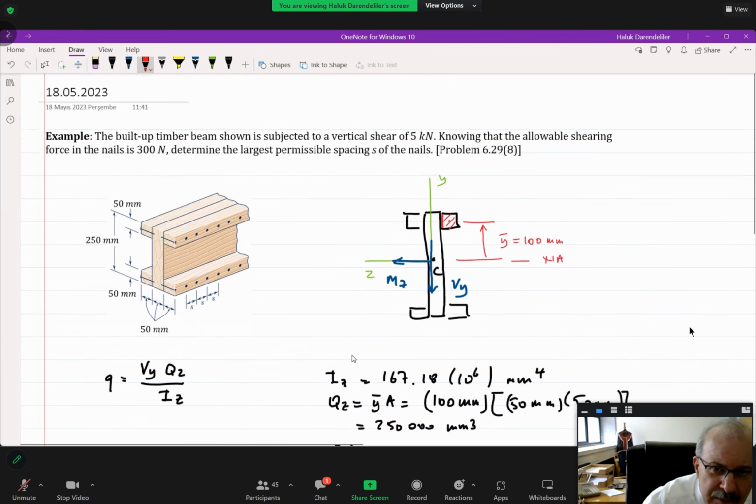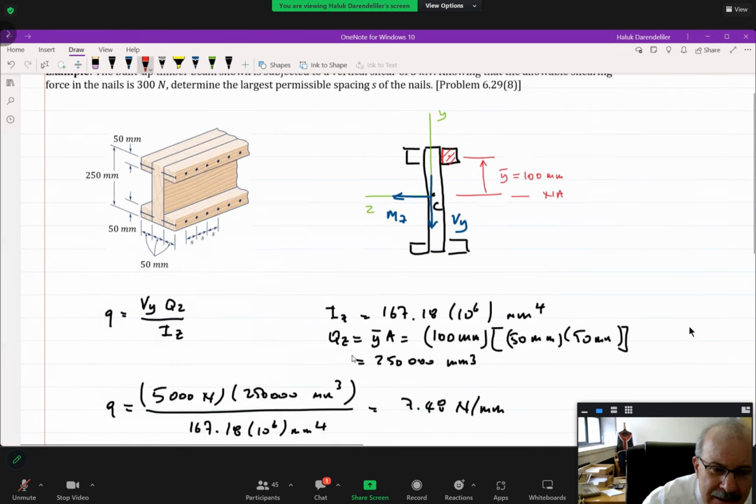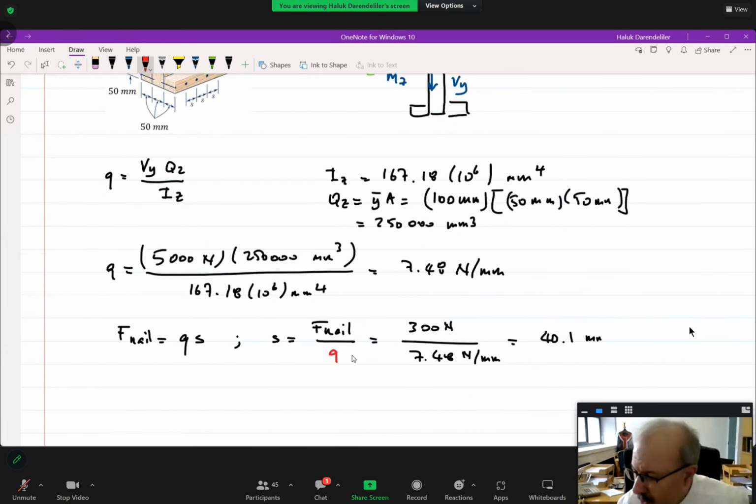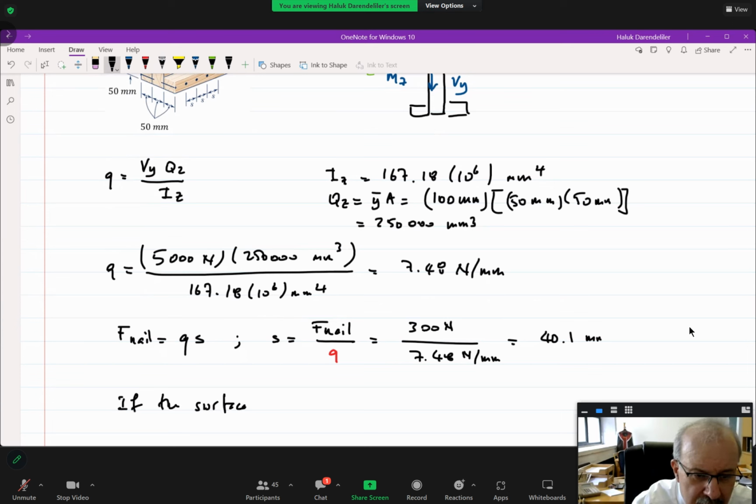Now, let me extend this problem a little. If the surfaces were glued, could you answer me?